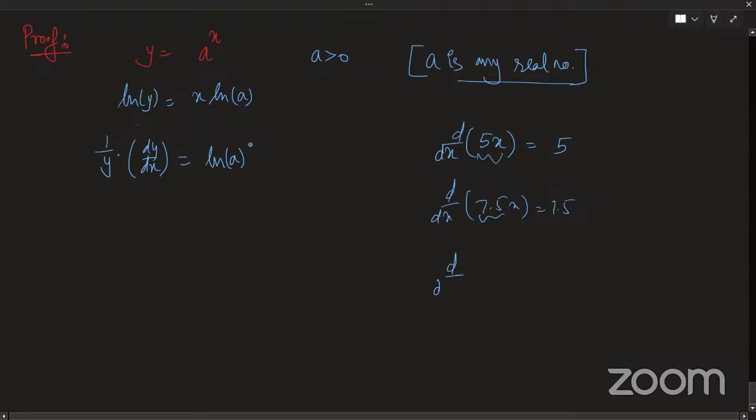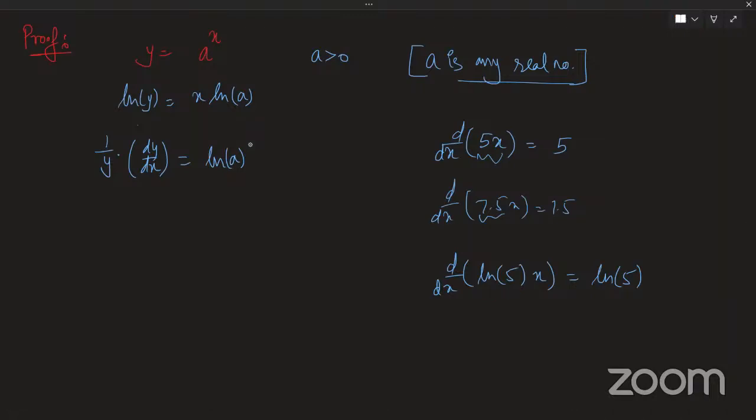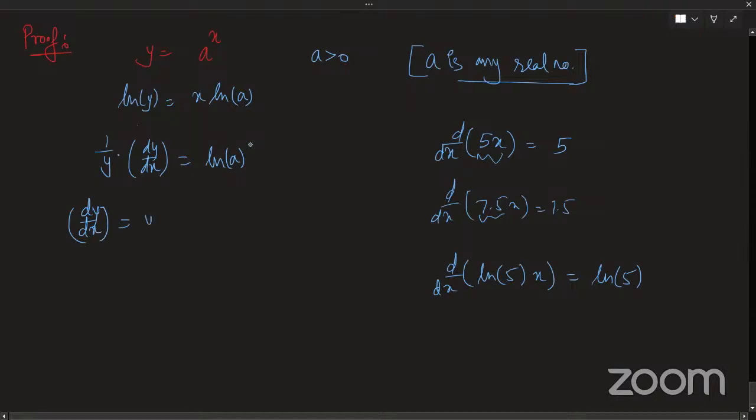If I give you d by dx of natural log of 5 into x, what will you do? What will be the ln value of 5? Because it is a constant, you'll treat this whole thing like a constant, right? So what will be your value of dy by dx? So value of dy by dx will be y into ln a, right?